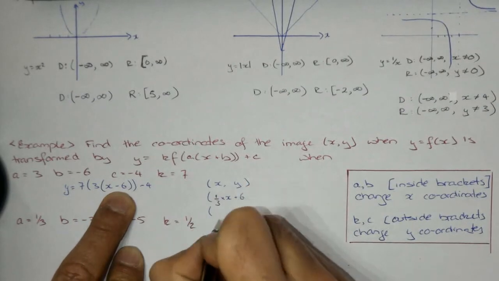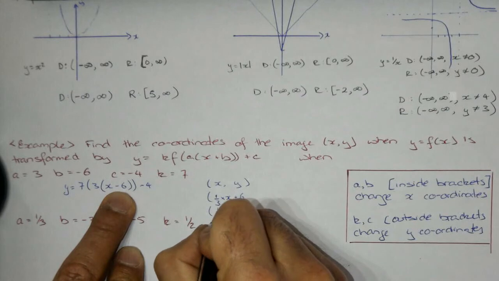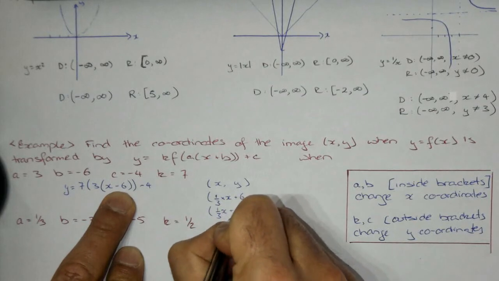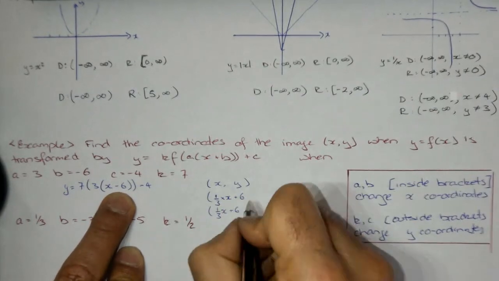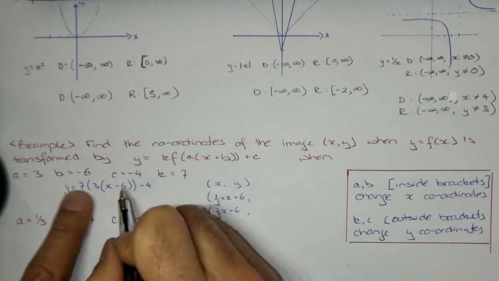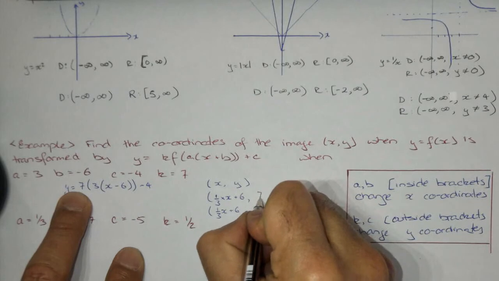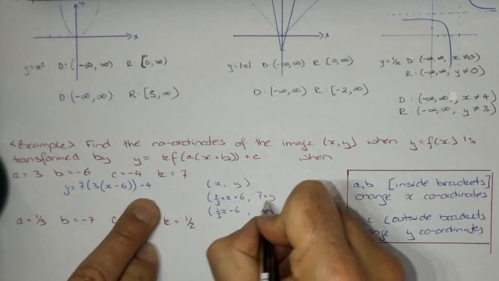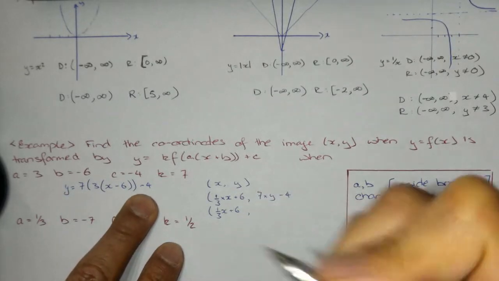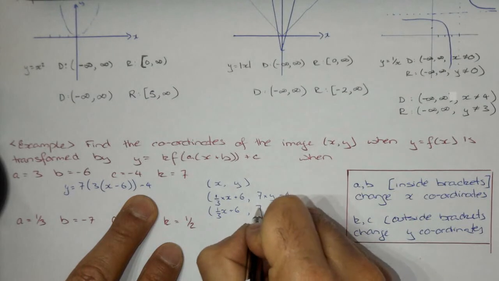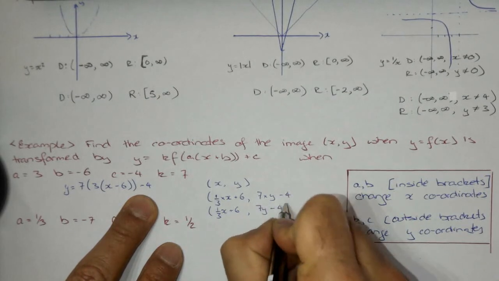So my new coordinate is going to be (1/3)x + 6. My y is affected by the outside, the k and the c. So I multiply it by 7, and I subtract 4, moving it down. So my new coordinates become 7y − 4.